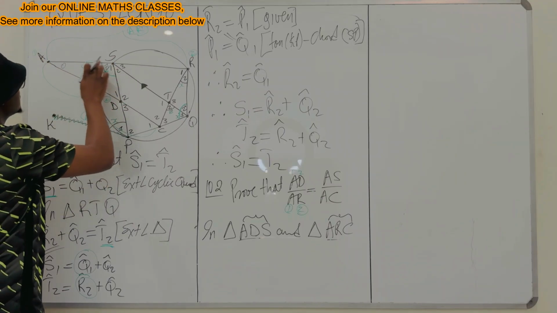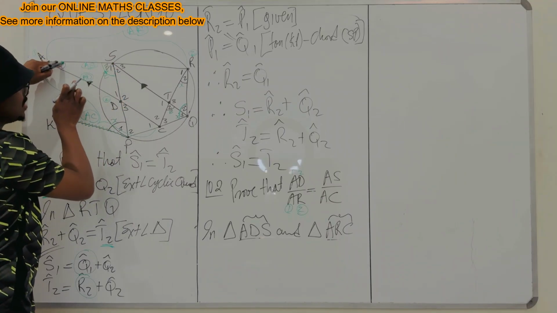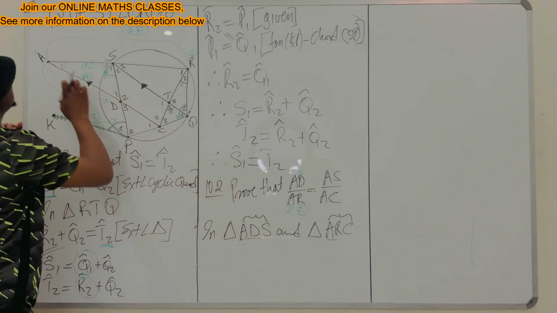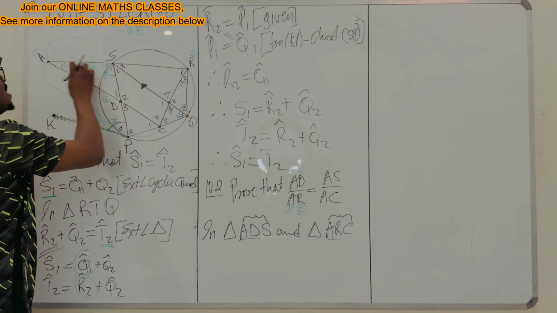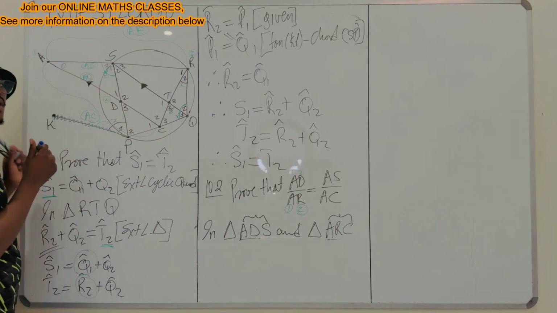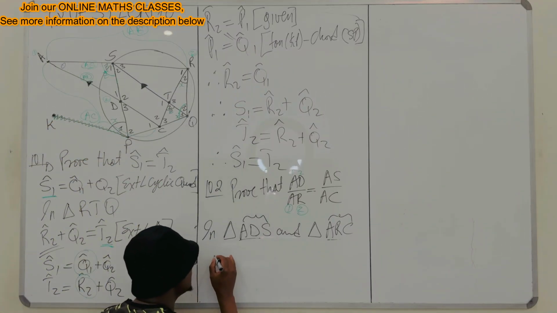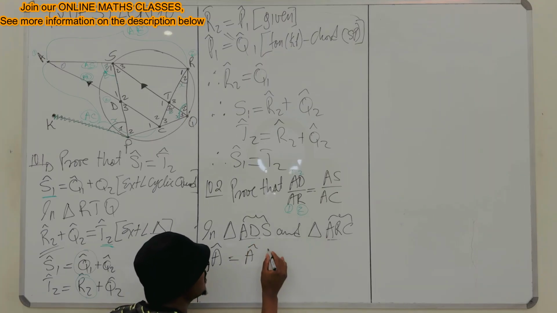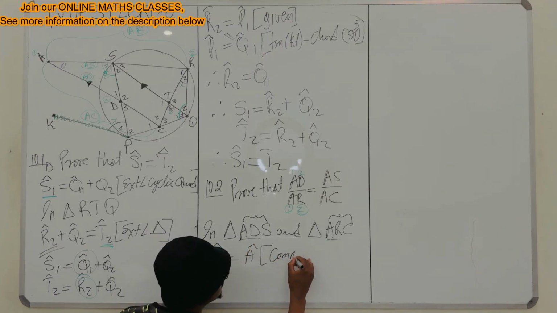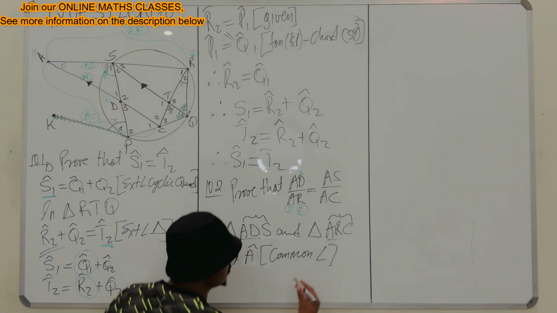Here's your triangle ADS, so you can see this angle. And look at your ARC. It's the same angle. So this angle is used twice. So it's in both of those triangles. So angle A of this triangle is equal to angle A of the other triangle. Why? This is a common angle. So they are sharing this angle.